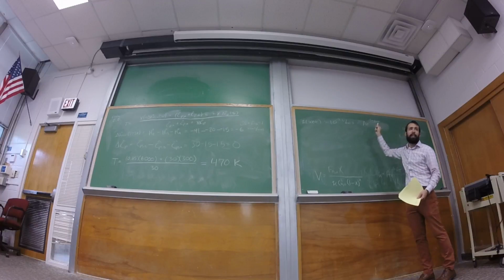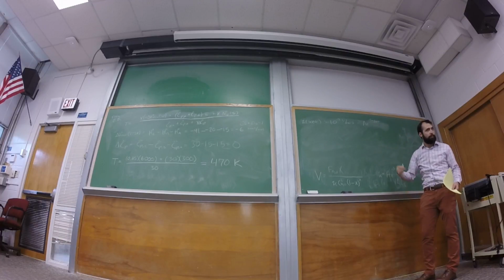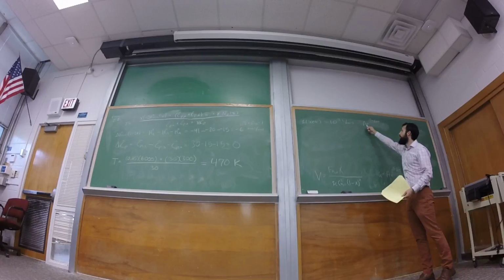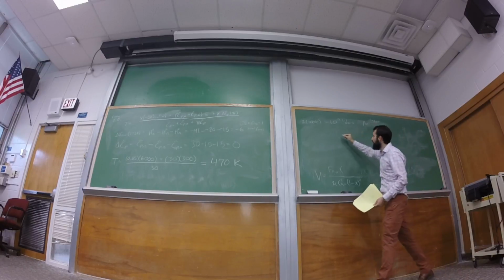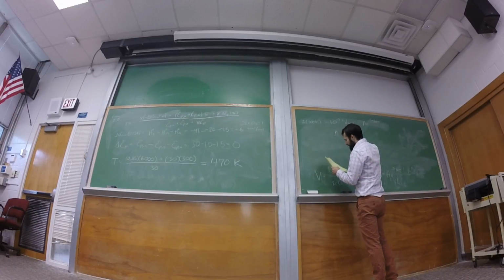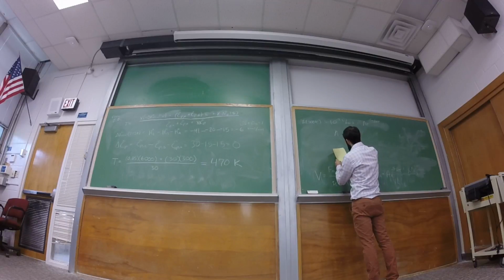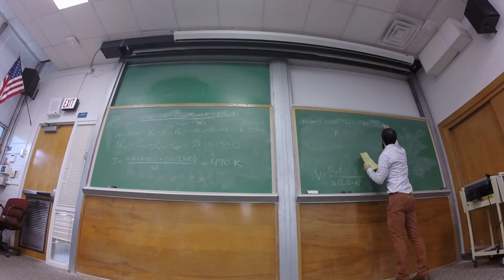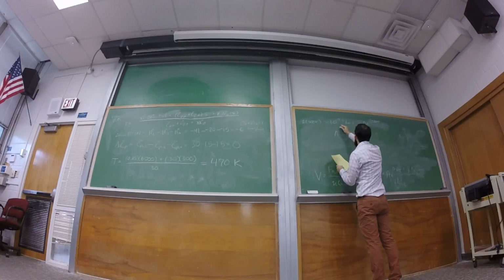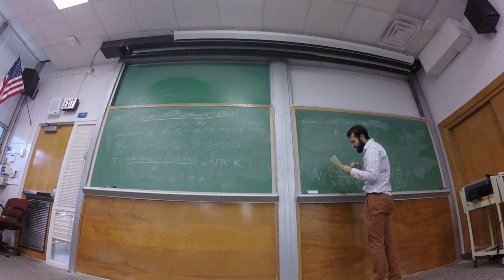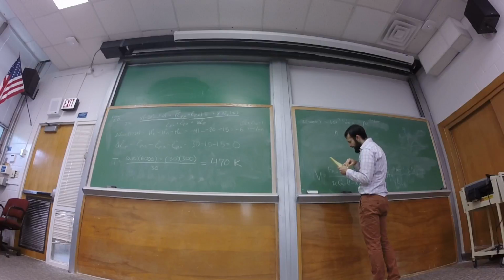What do I know on the right hand side? R and T. I'm only missing A. So let's solve for A. It's going to be, and what was the activation energy? I can't read this.